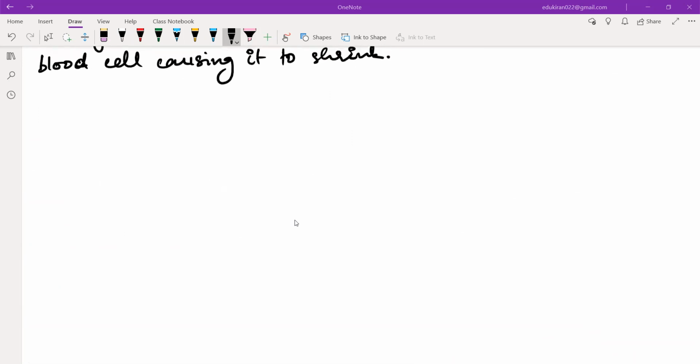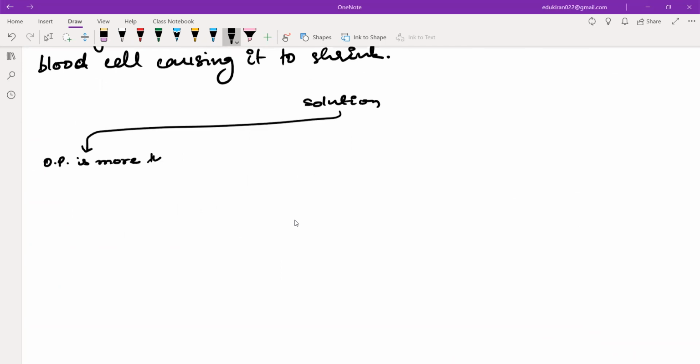Also, right? See, you have saline water or any type of solution. If its osmotic pressure is more than blood cell, then it is known as hypertonic solution.